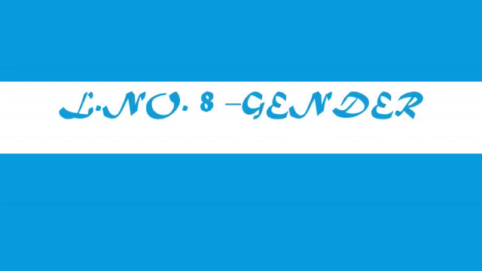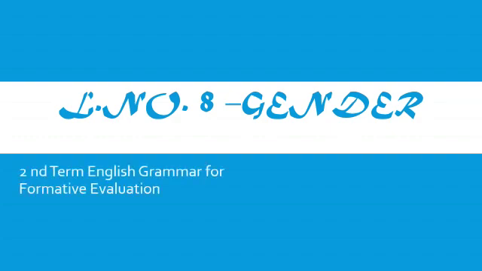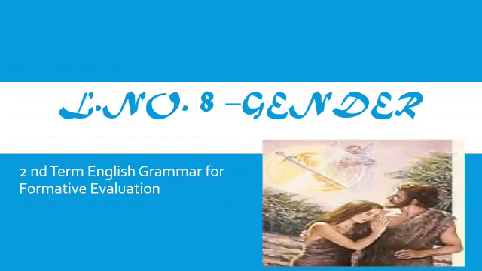So today we're going to learn the topic about gender, which has to do with man and woman created by God. So that is our English grammar topic for formative evaluation. And that was a picture from the Bible of the first parents, Adam and Eve. So let us see further.